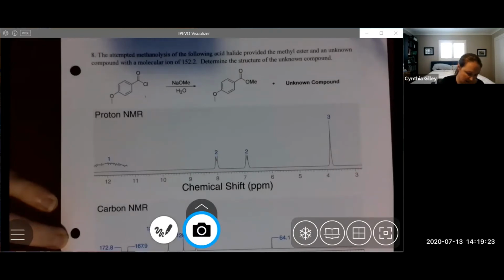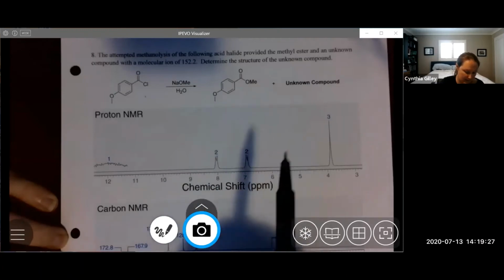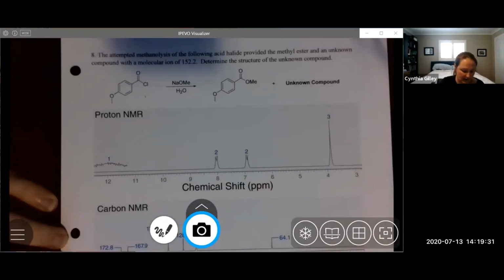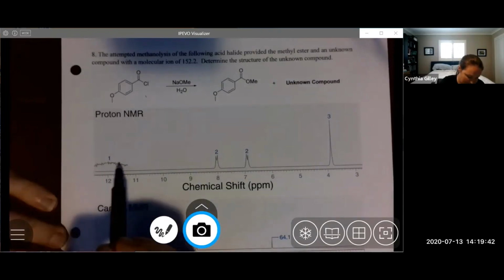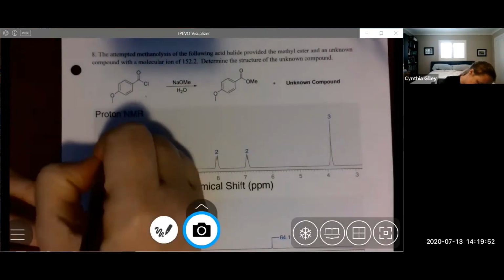The methoxy methyl group here is evident in this 3 hydrogen singlet, and around 4 ppm is expected due to the presence of the neighboring oxygen. And then this very broad signal over here, integrating for 1 hydrogen at around 12 ppm, sometimes hard to see, is likely a carboxylic acid.